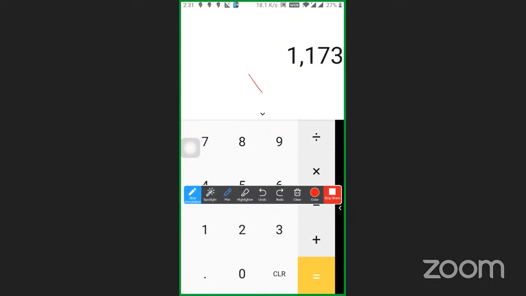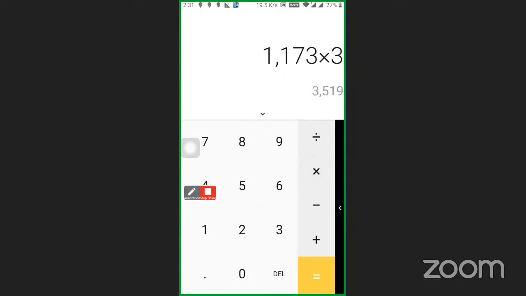If you want to trade on 3 coins, just multiply it by 3, so you need around 3,500 USDT. If you want to trade all 6 coins, you need around 7,000 USDT. This is the amount of capital you require, and it depends on how many coins you want to trade.